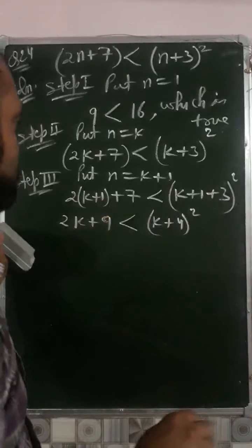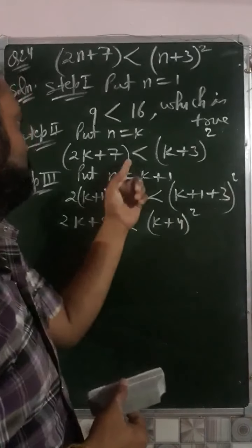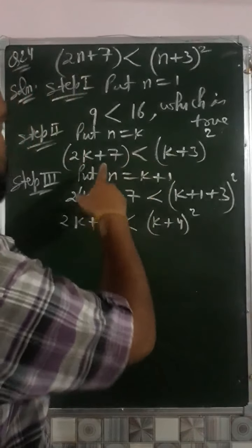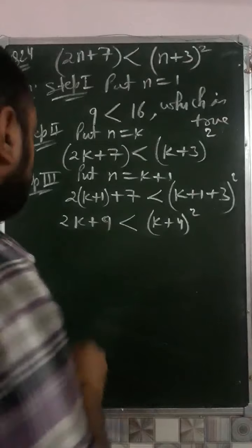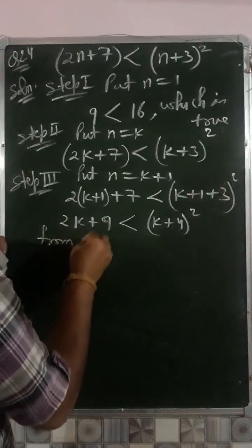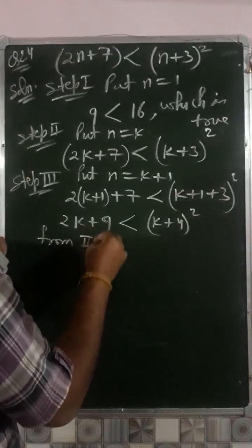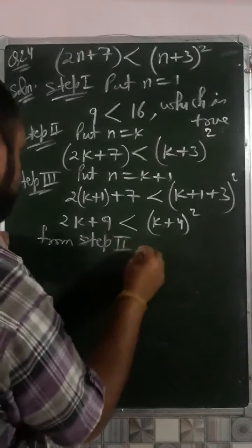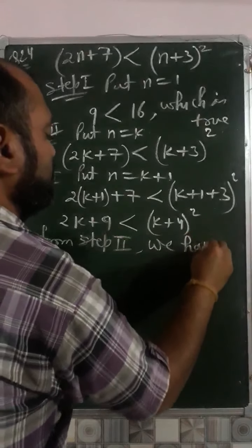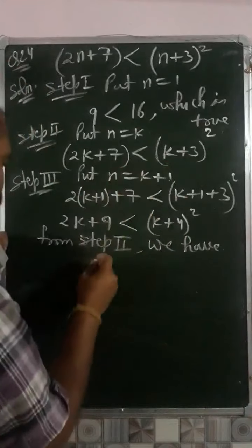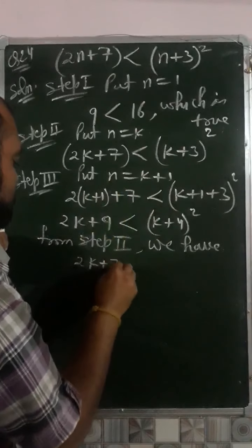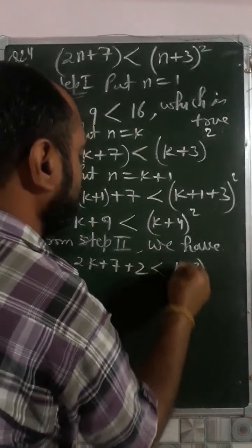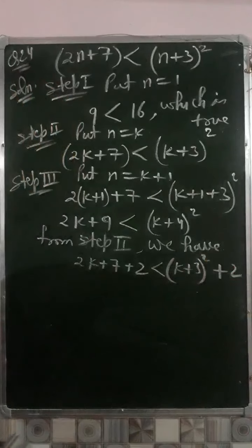So as we are using this second step to prove the third step, adding 2 on both sides, so we get the 2k plus 9. So from step number 2, we have, adding 2 on both sides, so we get 2k plus 7 plus 2, it is less than (k plus 3) whole square plus 2, right?